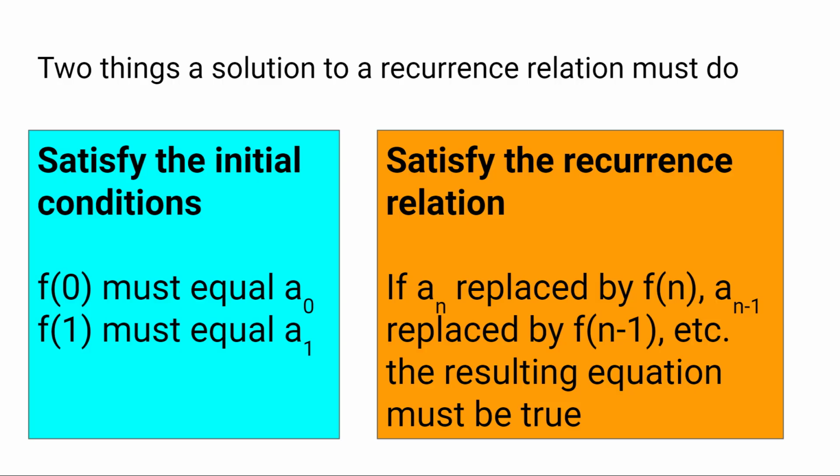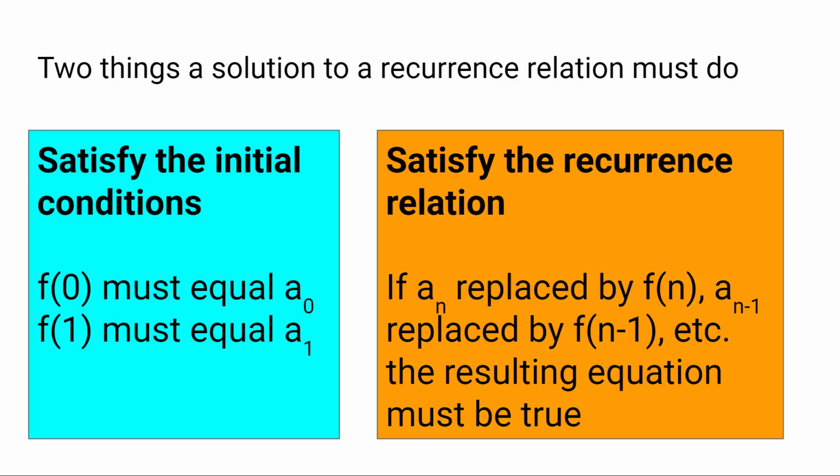This means that if we look at the equation for the recurrence relation and replace all terms of the sequence with their corresponding function values, a sub n replaced with f of n, a sub n minus 1 replaced with f of n minus 1, and so on, then the resulting algebra equation must be true. The left and right sides must be equal. If this happens, then it means the function obeys the same recursion rules as the terms of the sequence.